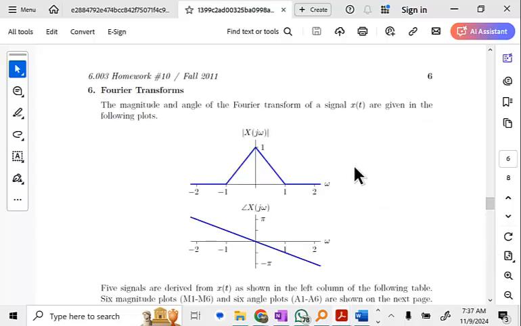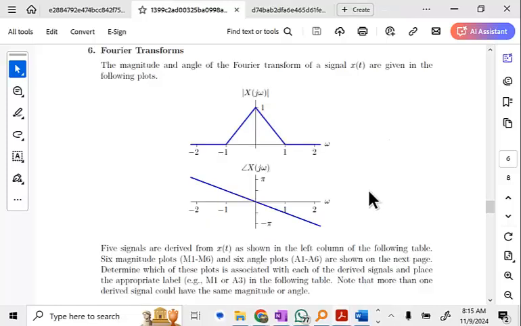Okay, number 6. This is one of those where you have some signal and he gives you the Fourier transform, and he wants to know, if you change the signal, how does the Fourier transform change?